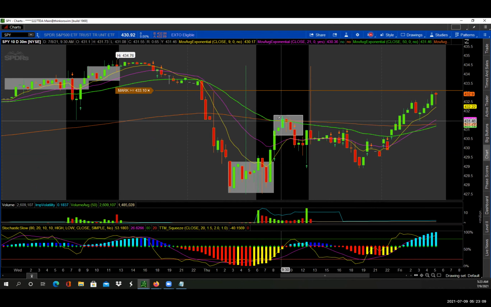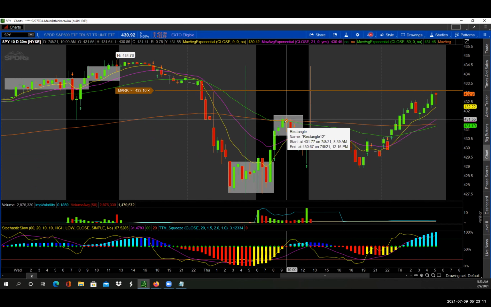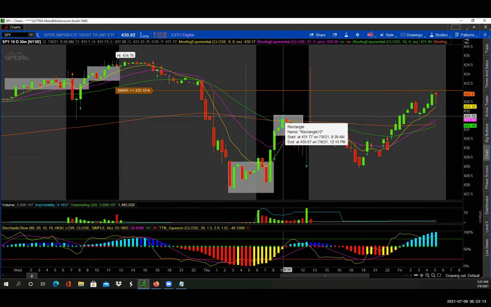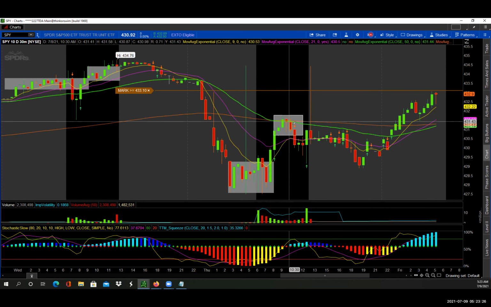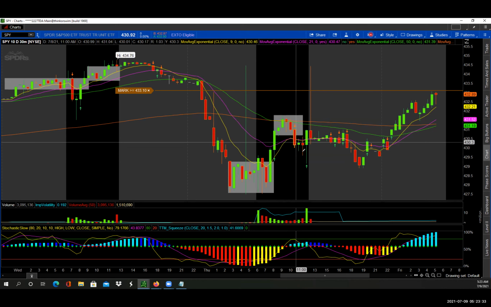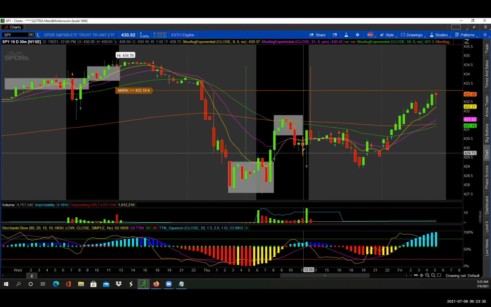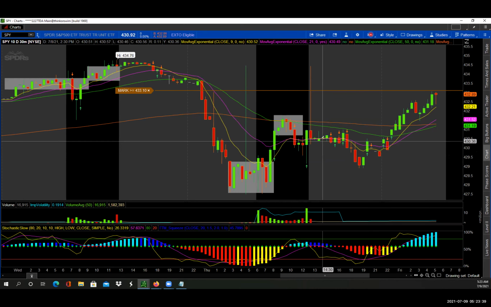So since I saw that we did not break over, and I said that I was going to re-enter at the break of around 431.70, 431.90 to re-enter this trade, we never broke over this price. And so I moved over to puts and grabbed just a little put trade here, and I just covered here when we couldn't break under 429.60.